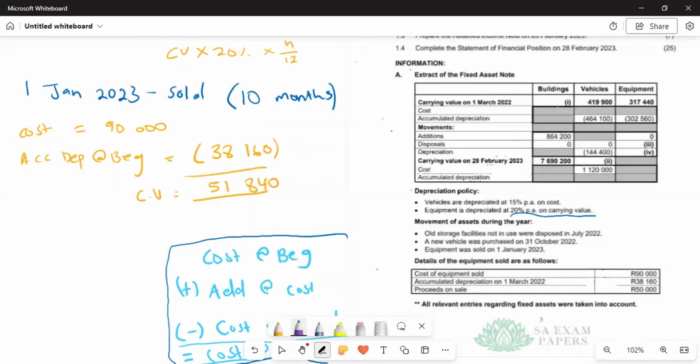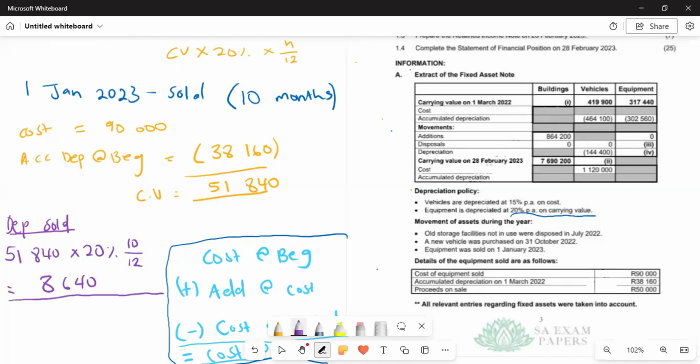Now I have my carrying value, I can calculate my depreciation for my sold equipment. It's 51,840 multiplied by 20%, multiplied by 10 over 12. My depreciation for this would be equal to 8,640. Remember, the reason I was calculating this depreciation is because I needed my carrying value at the time of disposal.